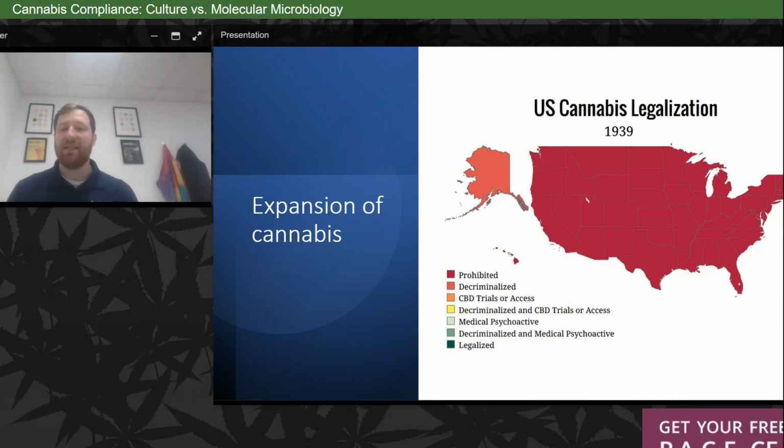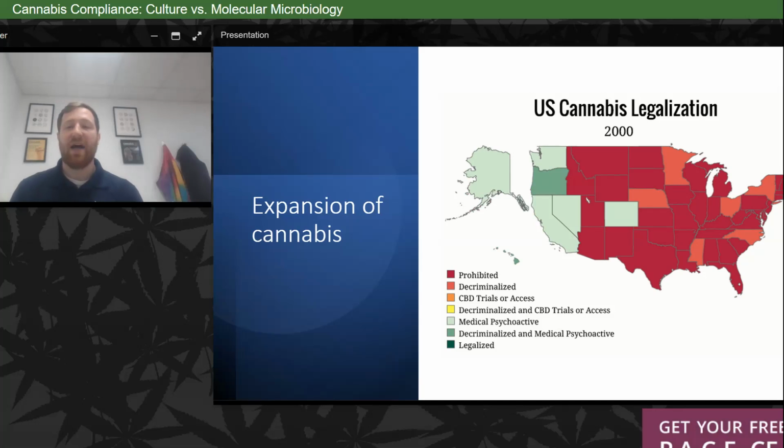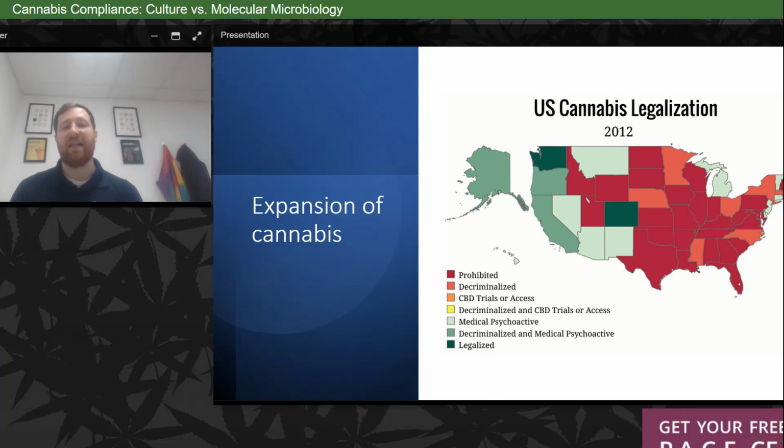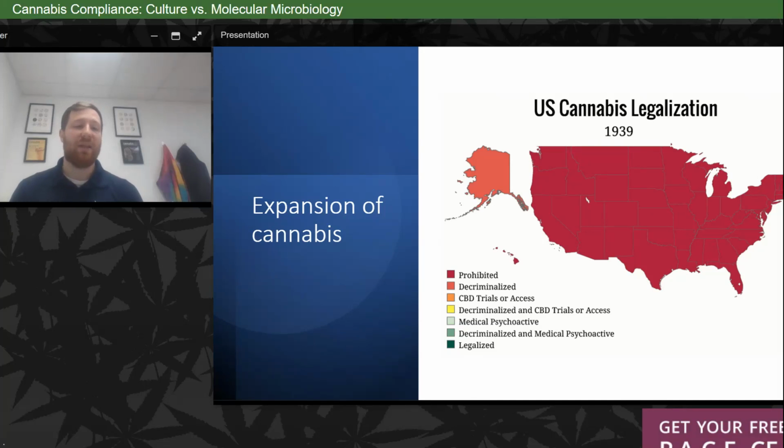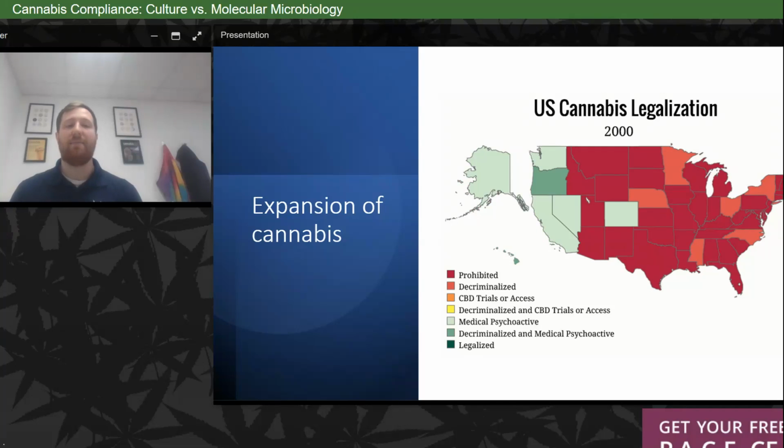On this slide, you can see the expansion of cannabis and how it occurred throughout the United States. I think it offers a really cool perspective: of course, there is the federal illegality, but as states have legalized, decriminalized, or allowed medicinal treatment only, each state had to work independently to allow for its own safety and compliance testing.